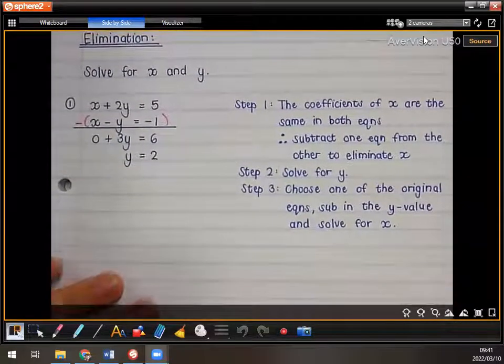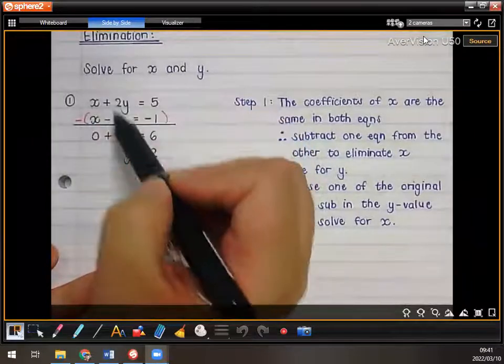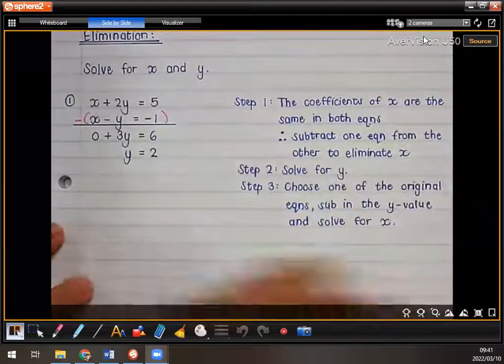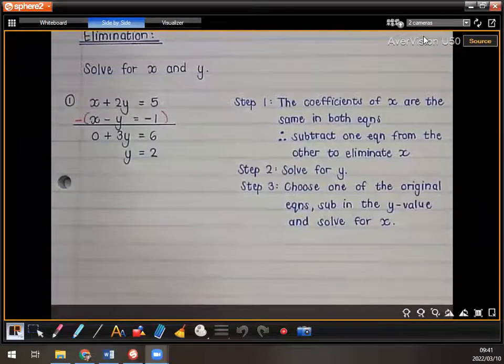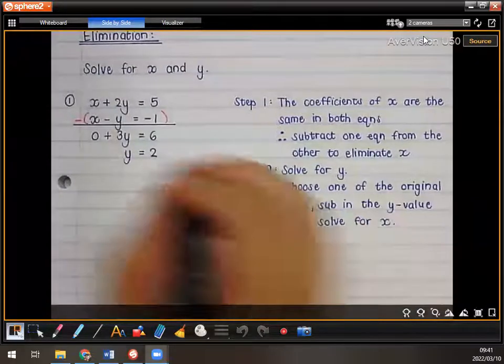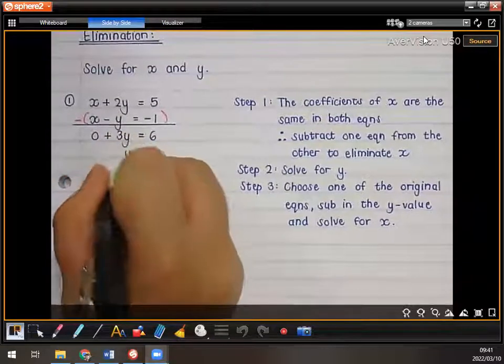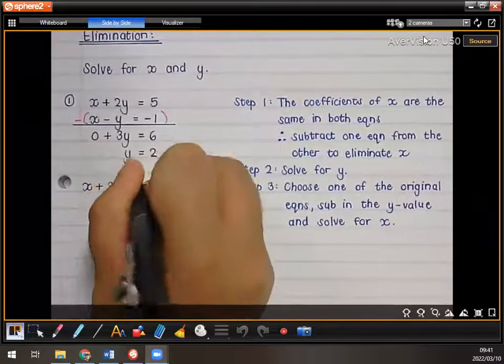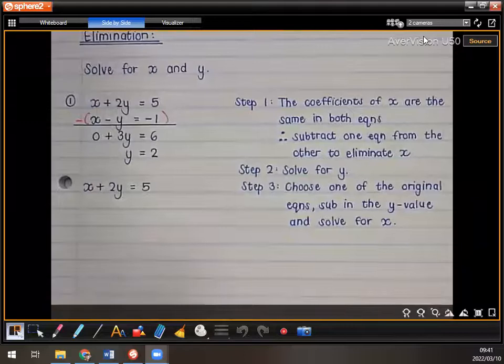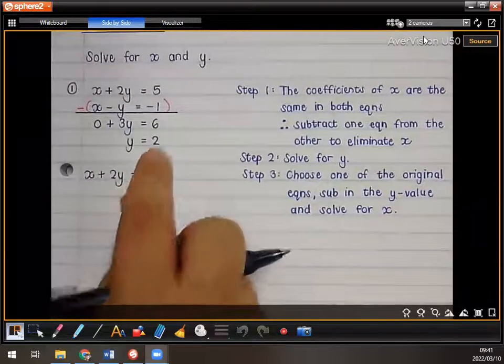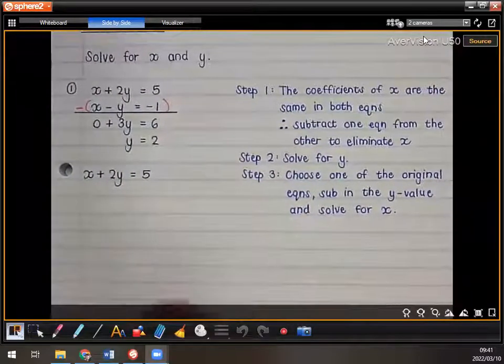Okay, so which equation would you guys like to work with? The first one or the second one? First one, okay. So guys, you can also work with the second one. You'll get the same answer. So for step 3, I'm just going to write it here next to step 3. I'm choosing x plus 2y equals 5. Just rewriting that equation. Now instead of y, I'm going to use the actual value for y, which was 2.